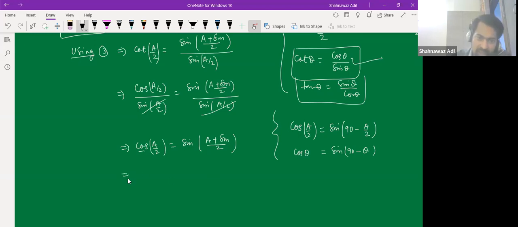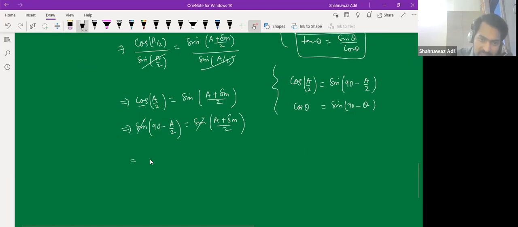So I can write sine of 90 minus A by 2 equals sine of A plus delta m by 2. Now we can cancel the sine because both are the same function. So 90 minus A by 2 equals A by 2 plus delta m by 2.